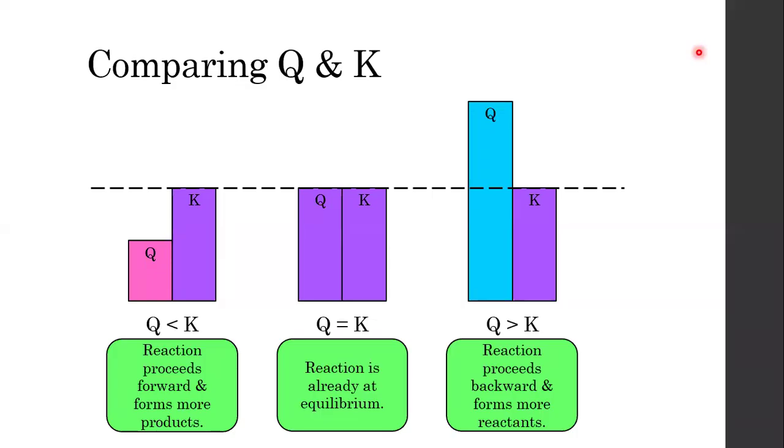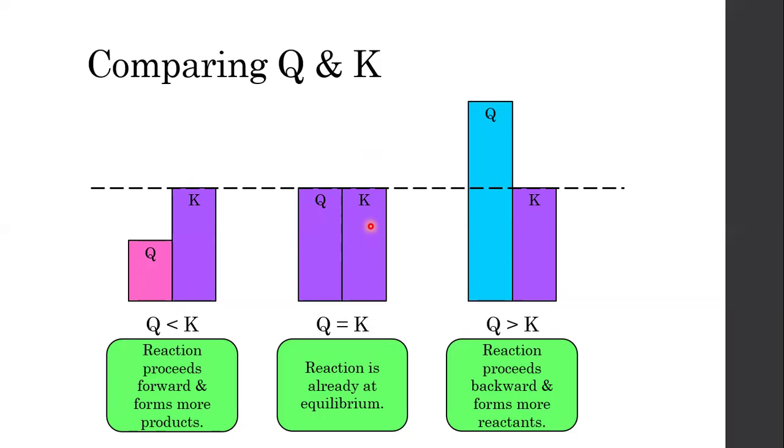Given a set of conditions in the reaction quotient, if we determine that Q is equal to K, then we could say that the reaction is already at equilibrium. And the system will maintain these conditions since it's already in equilibrium.